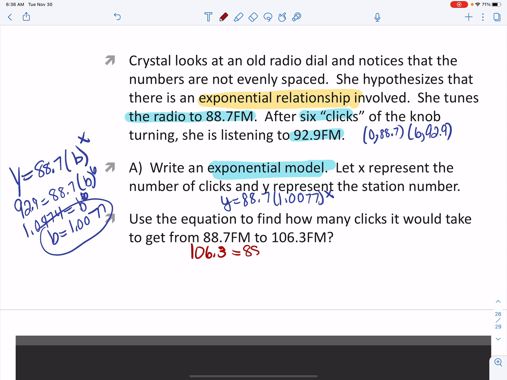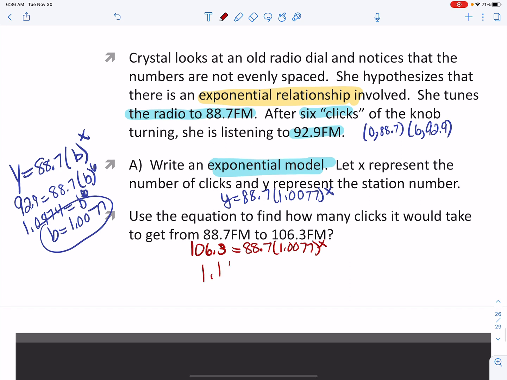106.3 equals 88.7 times 1.0077 to the X. So I'm going to take 106.3 divided by 88.7. And I get when I divide, 1.1984 equals 1.0077 to the X. So now I have to log that.